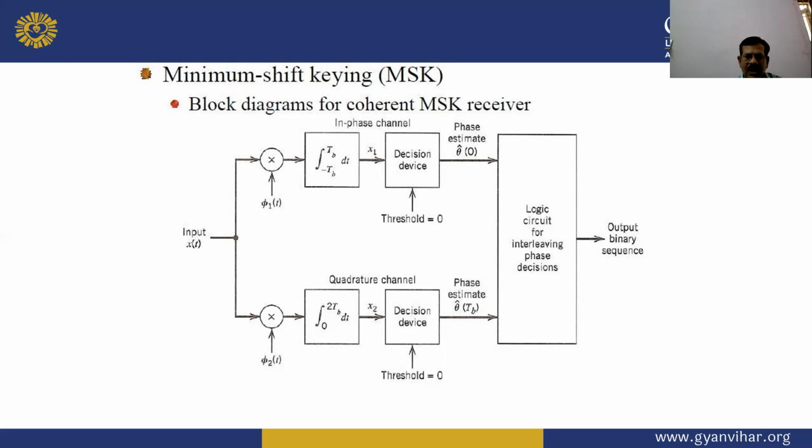The outputs of the decision devices are the phase estimate theta 0 and the second phase estimate theta pi over 2. These two outputs are applied to the logic circuit for interleaving phase decision, and the output of this logic circuit is in the form of a binary sequence. So this is the coherent MSK receiver block diagram explanation.